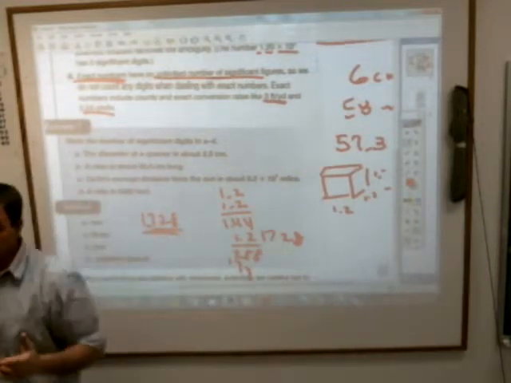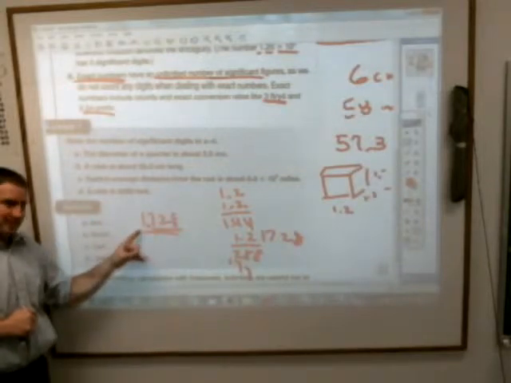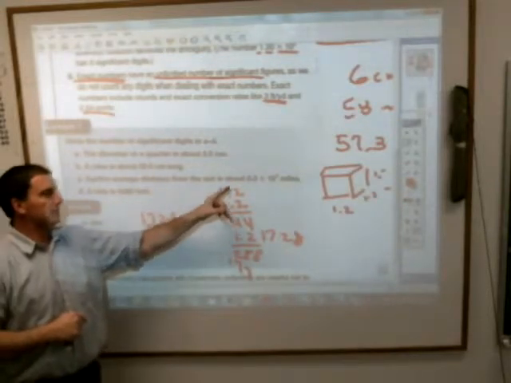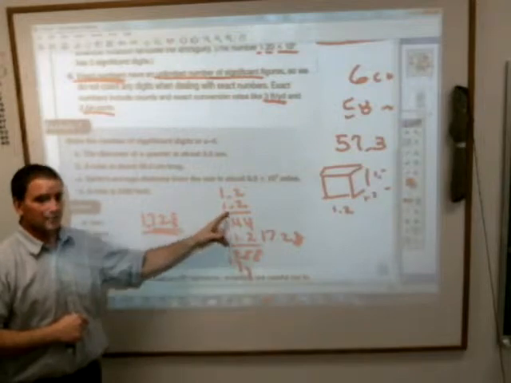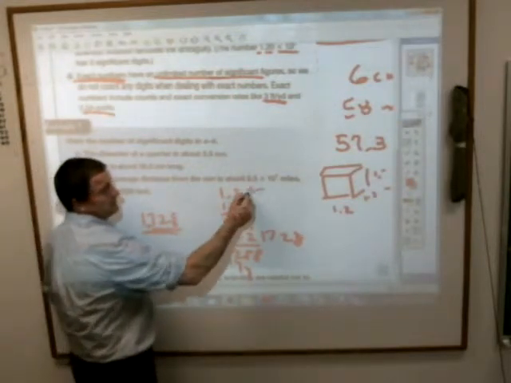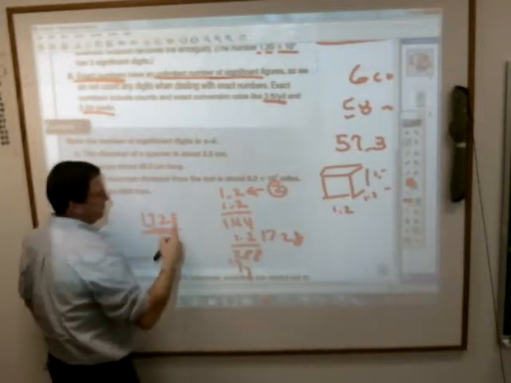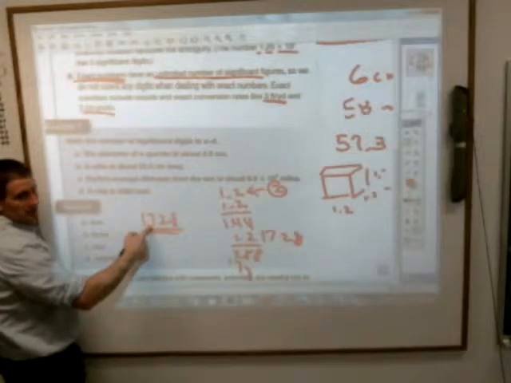So the rule says this: in your answer, you can only have as many significant digits as the least number of significant digits in what you multiplied together. You look at all these things, how many significant digits would be here? How many non-zero digits? 2. So there can only be 2 significant digits here.